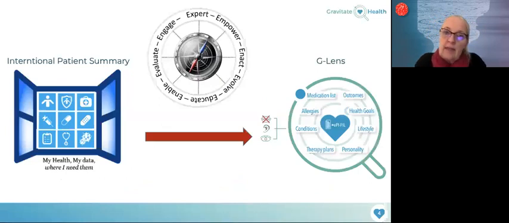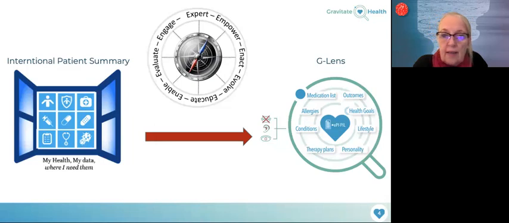In order to develop this more personalized experience, we are starting with the International Patient Summary that gives an overview of the health situation and the personal data when you need them.